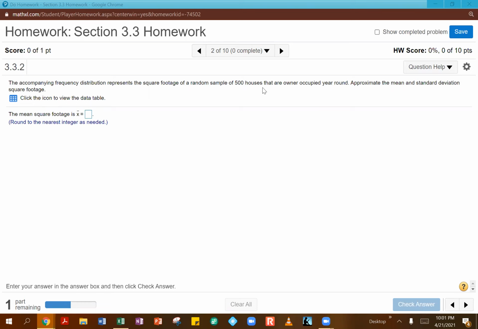And of course, n is going to be the total number of classes. So the first thing we will need to do is find the midpoint for each one of our classes, and then multiply it by our frequency to calculate that numerator.